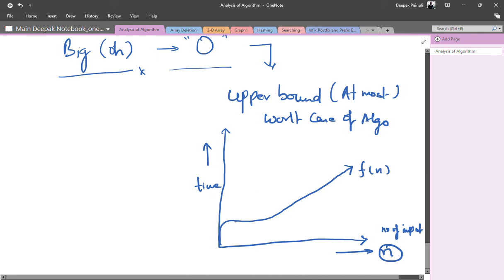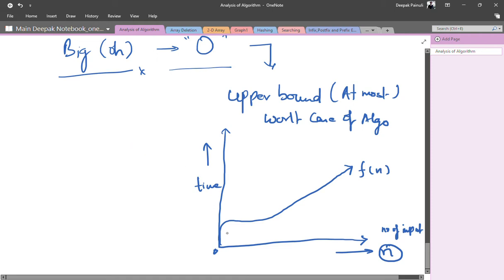And in this graph, you can see that as our number of inputs increases, the time taken by that algorithm or this function increases on the basis of the number of inputs, right? So in the case of big O, we need to prove that there is some other function which will upper bound our algorithm's performance, right?